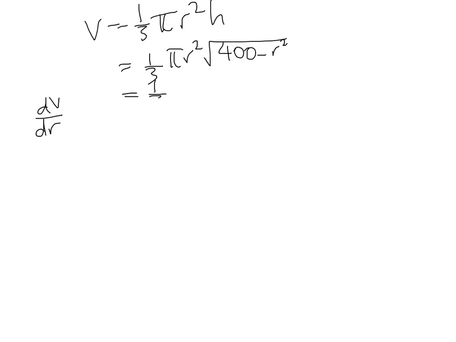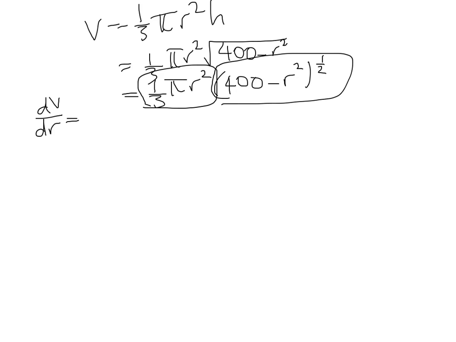Before I do that though, I'm going to simplify my volume expression like this. So dV by dr I'll get using the product rule. So here's my first bit, here's my second bit. If you like thinking about u and v, this is u and this is v.